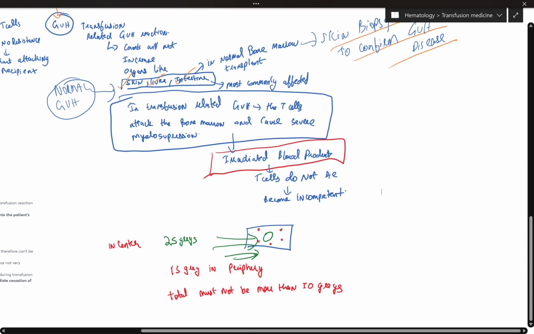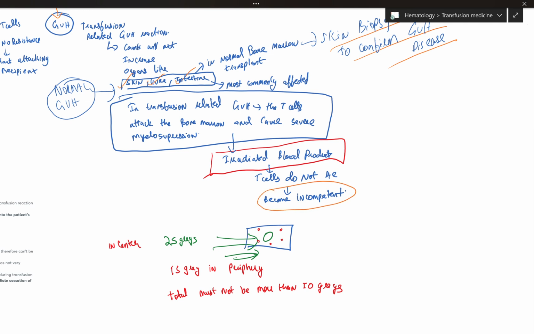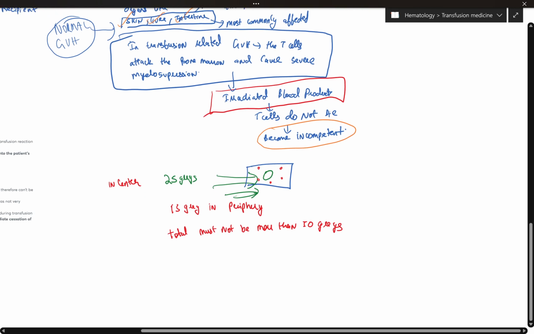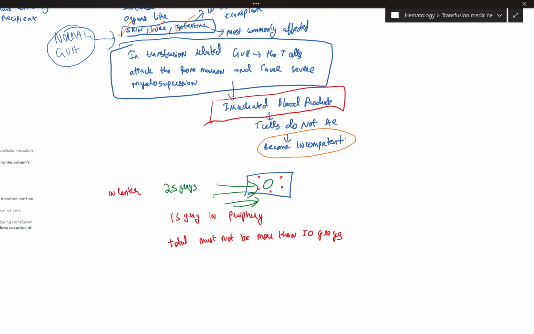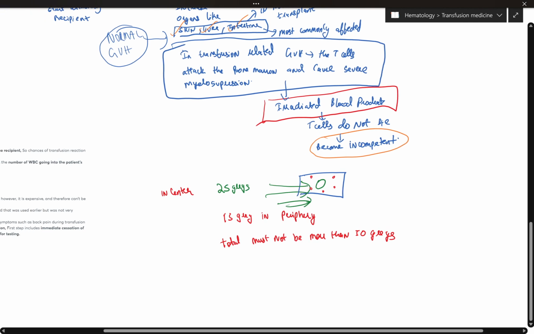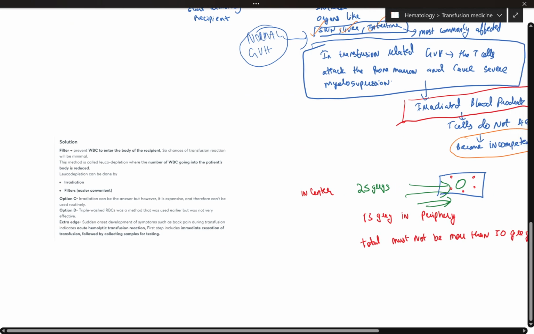In irradiated products, T cells become incompetent, so when you irradiate blood there are no functional T cells, and you prevent graft versus host reaction. You need to give 25 grays in the center of the blood packet and 15 grays in the periphery. You must not give more than 50 grays, because you will destroy the cells.